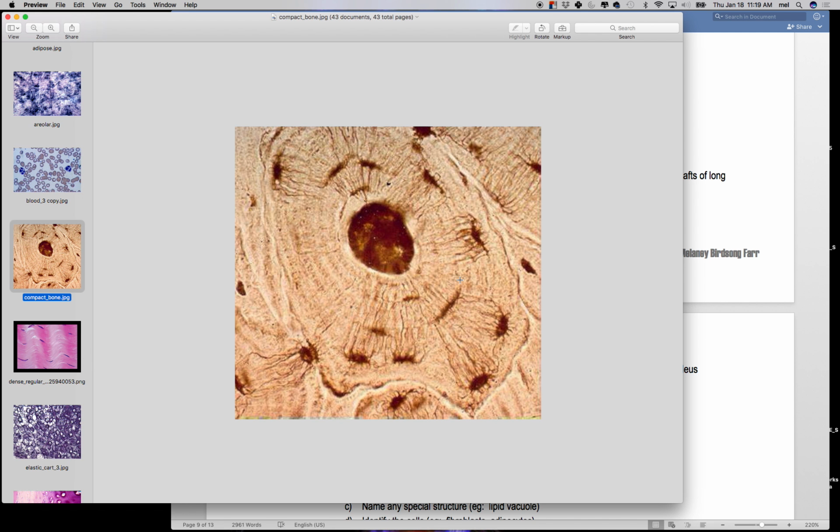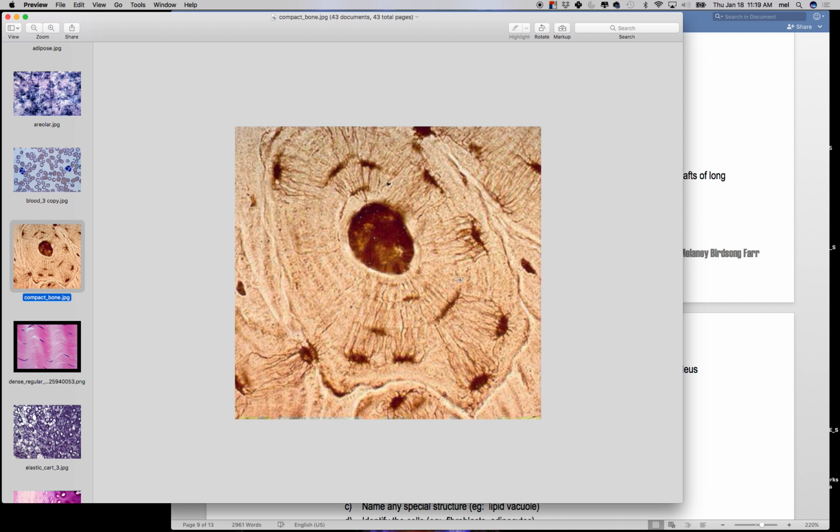Does that make sense? So I've got layer after layer after layer of bone matrix. But how did the bone matrix get there? It was laid down by the cells that are at the boundary of each layer. And those cells are called osteocytes.